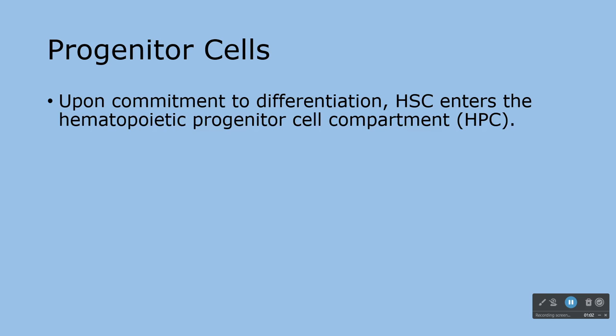So EPO comes from your kidneys, all right? So why would those tissues produce cytokines? Because why? You don't know? Anybody know? So why would your body produce cytokines? What would be the basis of making certain cytokines?